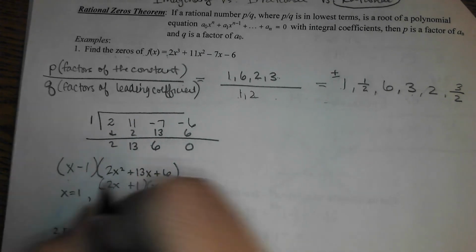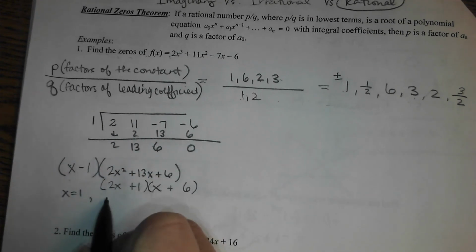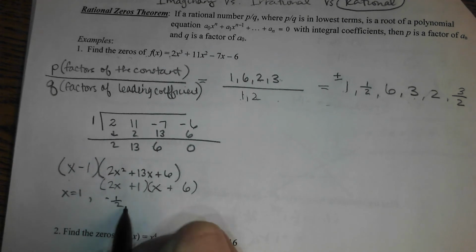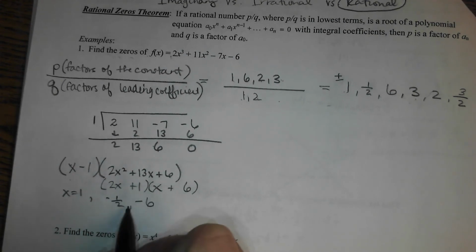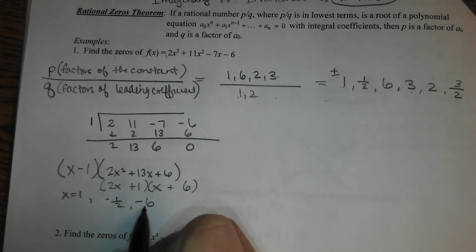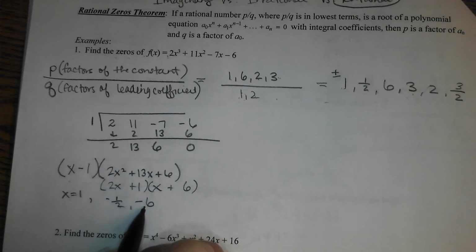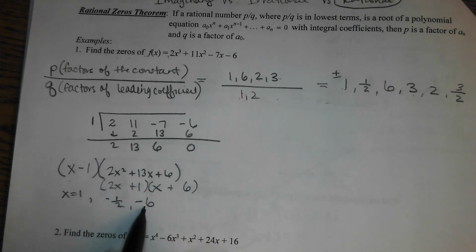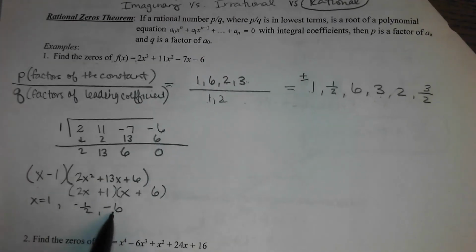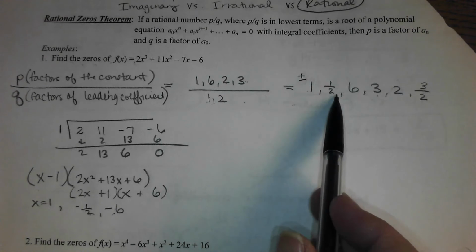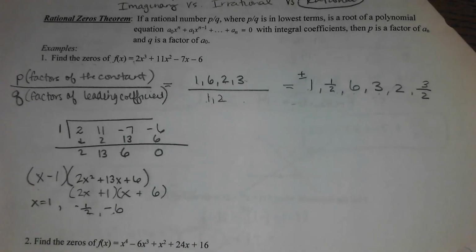So my other 2 answers are what? Are those other 2 answers, negative 1/2 and negative 6, rational, irrational, or imaginary numbers? They're rational. So they should have been on our list, and if you look, they were: negative 1/2, negative 6. It would have taken me a while to test to get to them.